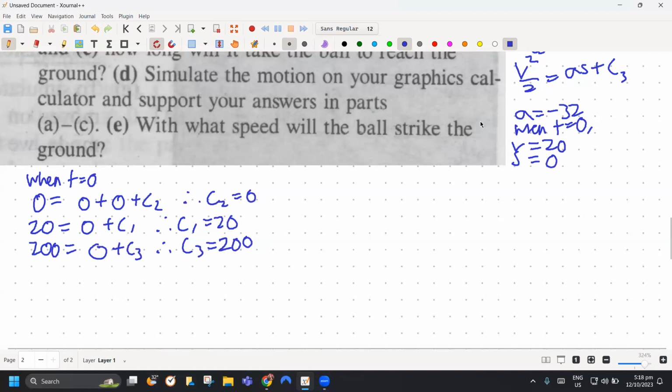How high will the ball go? Okay. So, na-expand po yung ano na.